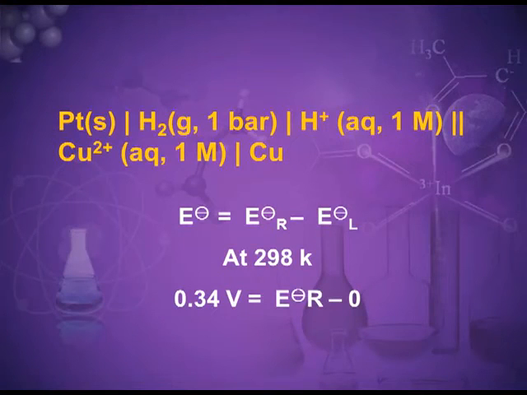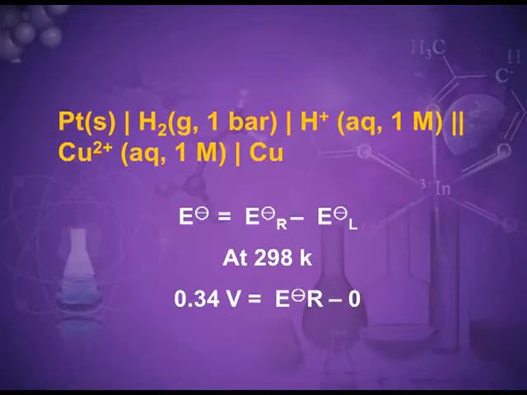In the given example, you can see the copper half cell is connected with the hydrogen electrode. As you can see from the representation of the cell, the standard hydrogen electrode is acting as anode because it is written on the left hand side of the parallel lines, and the copper electrode is written on the right hand side of the parallel lines.